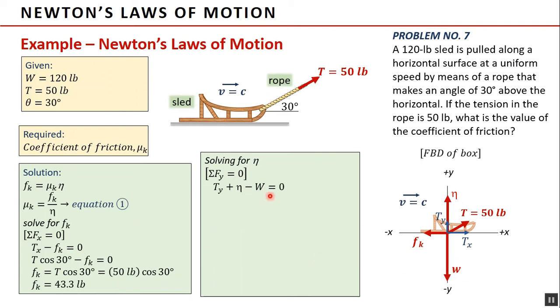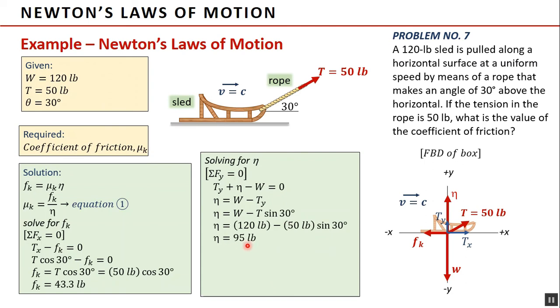Then equate this to 0. We solve for normal force by transposing Ty and W. So normal force N is W minus Ty. Substituting the values, 120 pounds minus 50 sine of 30 degrees. The normal force N is 95 pounds.